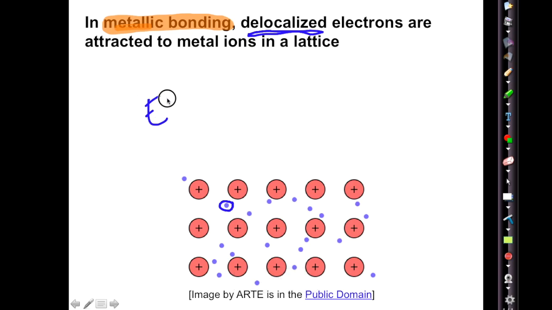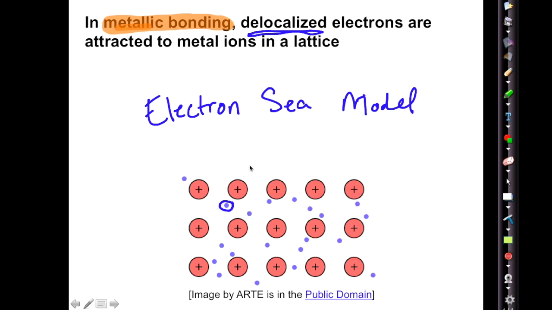So we'll see this phrase used to describe this bonding model, the electron sea model, whereby the delocalized outer electrons can move freely through the lattice of metal ions. And this type of interaction between the delocalized electrons and the metal ions in the lattice leads to a lot of characteristic properties of metals that we're going to discuss next in our lesson.